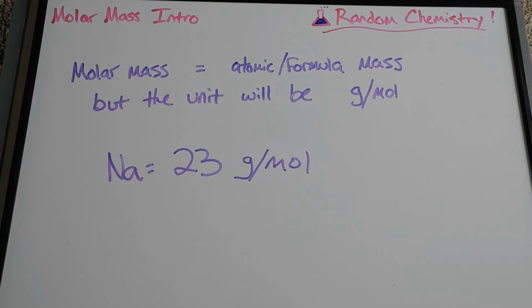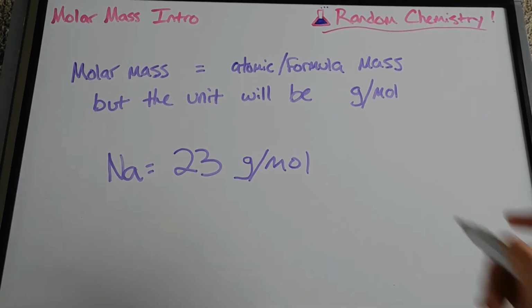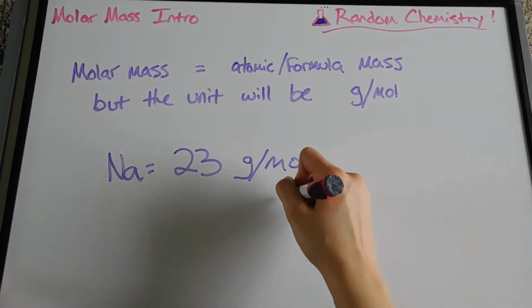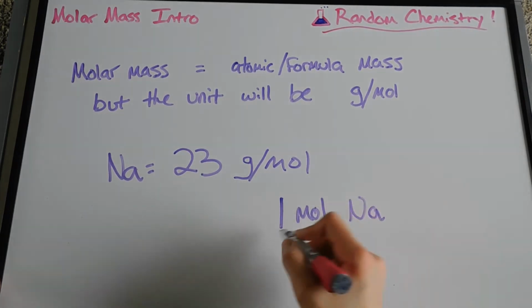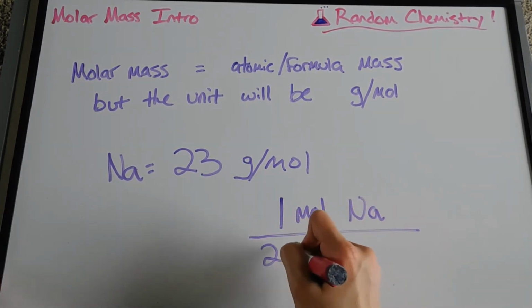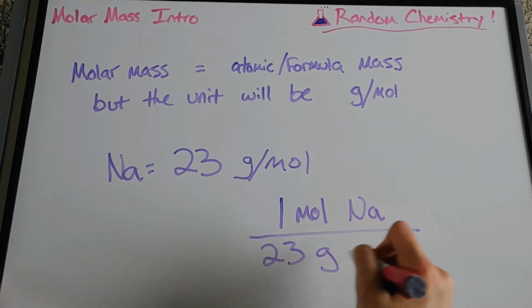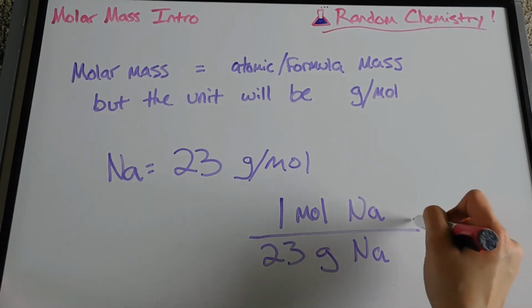An idea that I want to introduce now is something that's called conversion factors. And what this means is that this can also be written as this. 1 mole of sodium is equal to 23 grams of sodium.